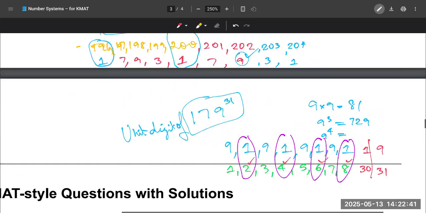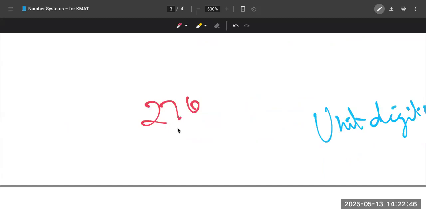Find out the unit digit of 276 raised to 36.